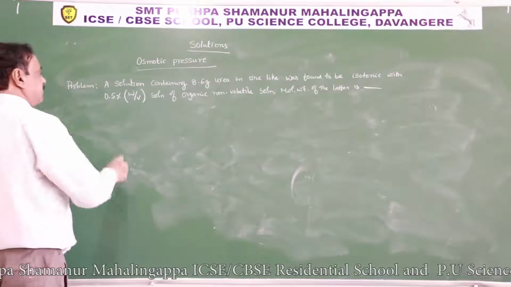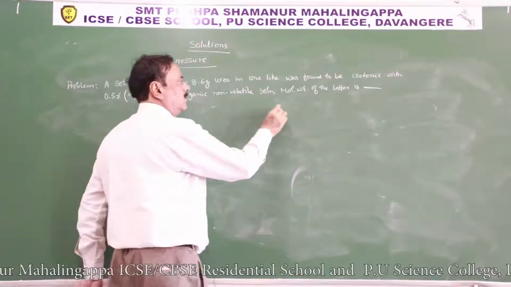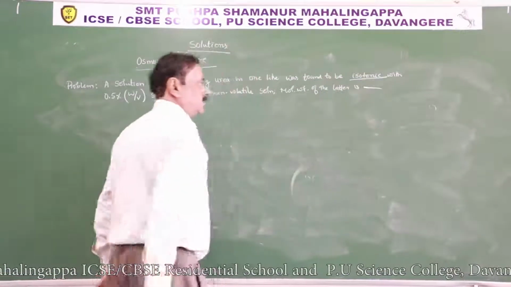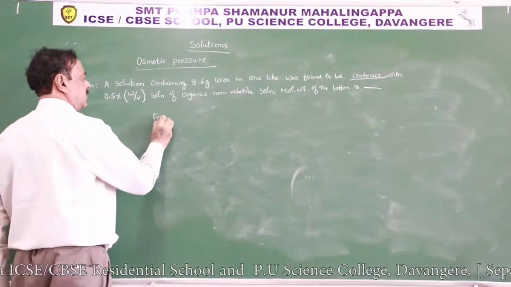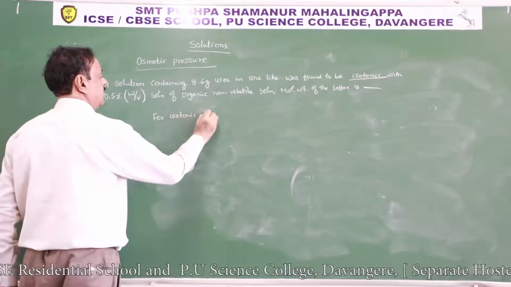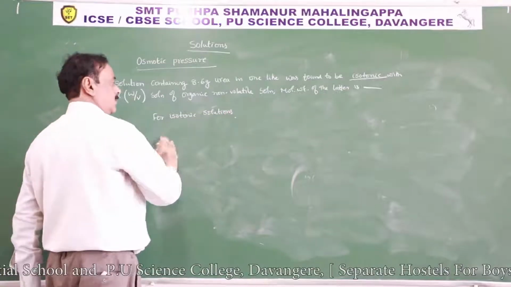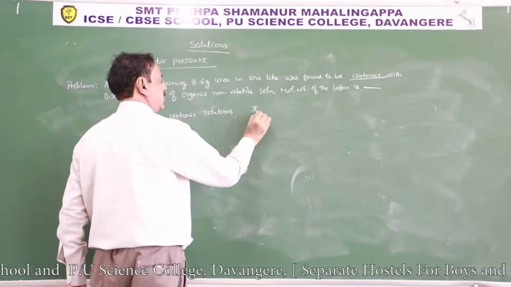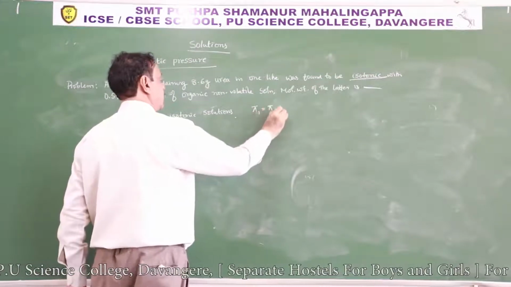See here, both are isotonic. For isotonic solutions, pi 1 is equal to pi 2.